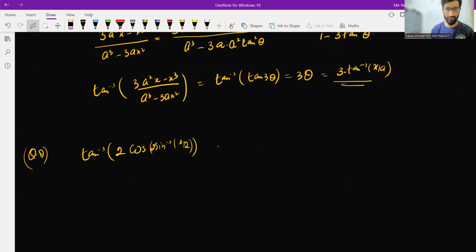Here we have 2 here. So tan inverse of 2 times cos of 2 times sine inverse of 1 by 2. This is pi by 6.